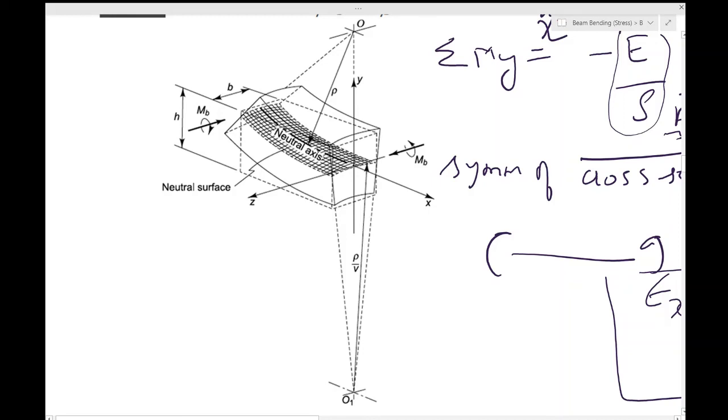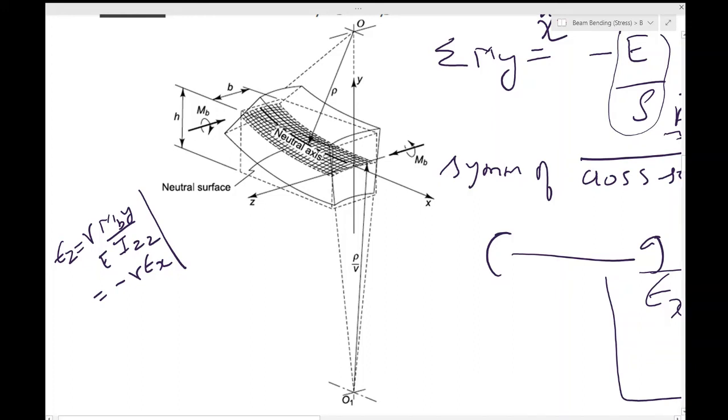Our result of epsilon z implies that lines in the cross section originally parallel to the z axis have deformed into arcs of circles.